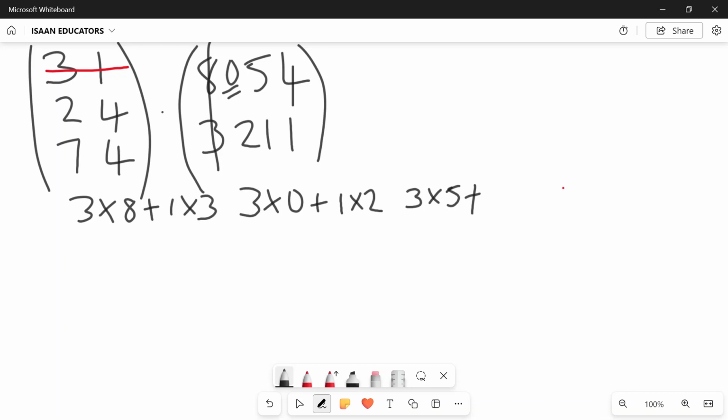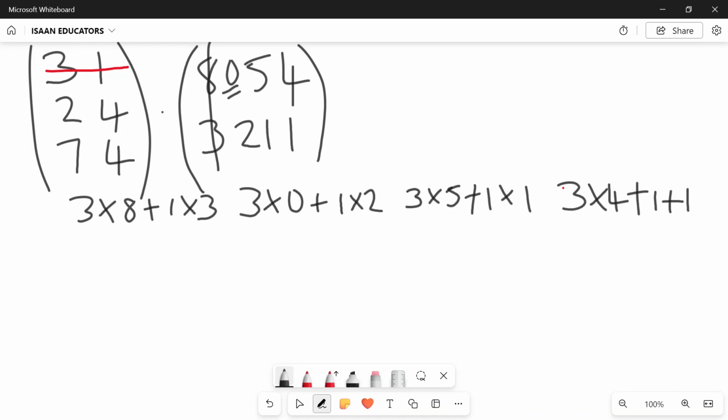You add 1 multiplied by 1. Lastly, we have 3 multiplied by 4. Then you add 1 multiplied by 1. As you can see here, we are multiplying the elements in the rows in the first matrix with the elements in the columns in the second matrix.